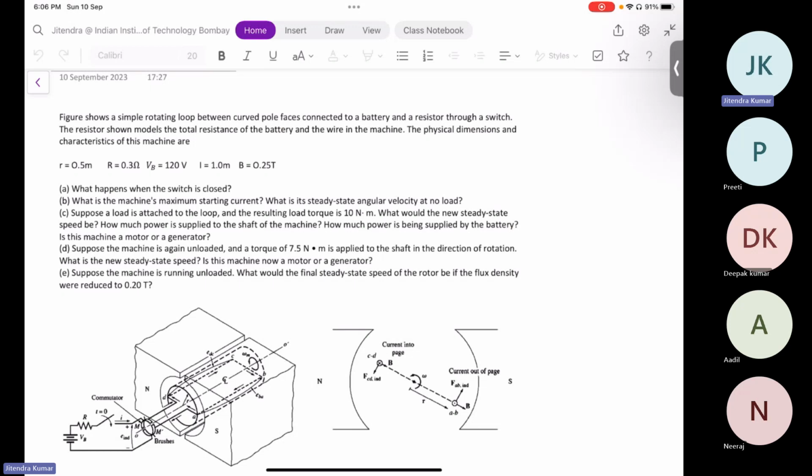If we see from this figure, we can guess that when the switch was off, at t equal to 0, the rotor or armature must not be rotating. So at that time, your induced EMF will be zero when your rotor is not rotating, and you have connected your switch at t equal to zero.